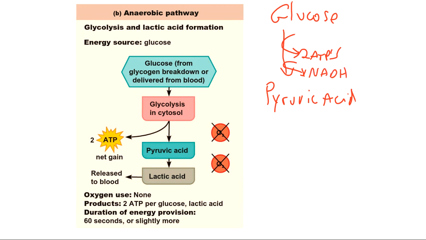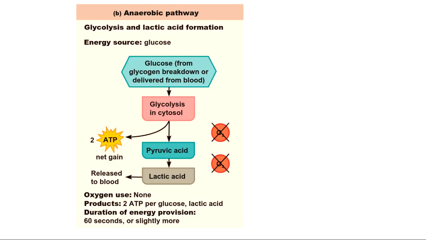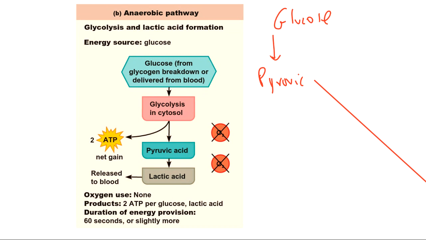So what glycolysis is going to do right here, glycolysis is going to oxidize glucose. Glycolysis oxidizes glucose into pyruvic acid, and in the process a little bit of ATP is made, but more importantly pyruvic acid is produced.